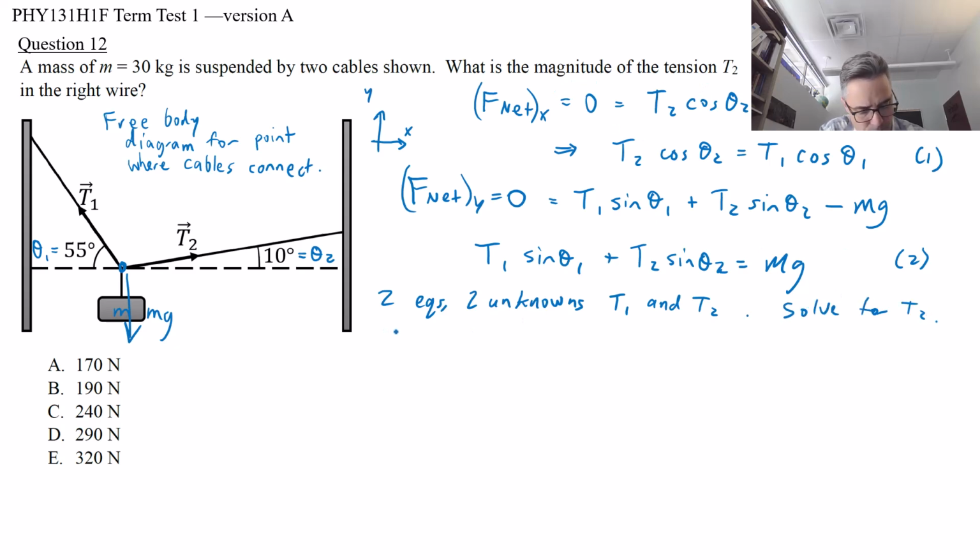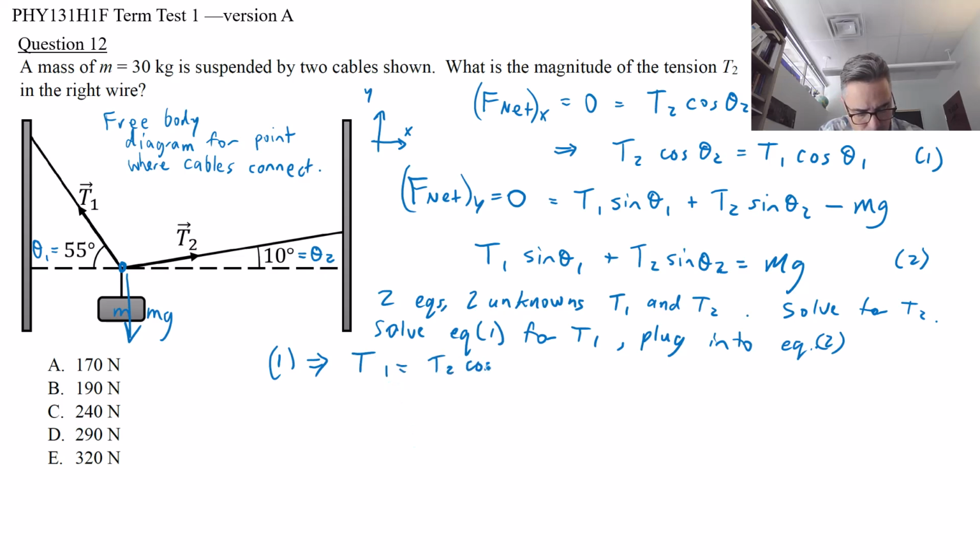So what we're going to do is solve equation 1 for T1, and then plug it into equation 2. So equation 1 implies that T1 equals T2 cos theta 2 divided by cos theta 1. We'll plug that into 2.